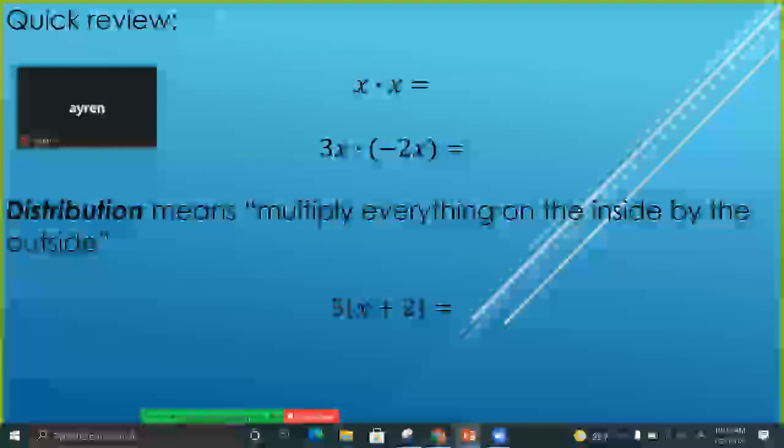How could I combine x times x together and then use an exponent to show what that product would be? Should look familiar from what we did in Unit 1. How can I write x times x using an exponent and then no more multiplication? Anyone have an idea?